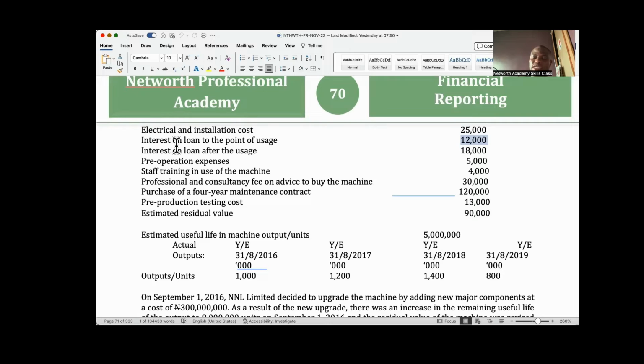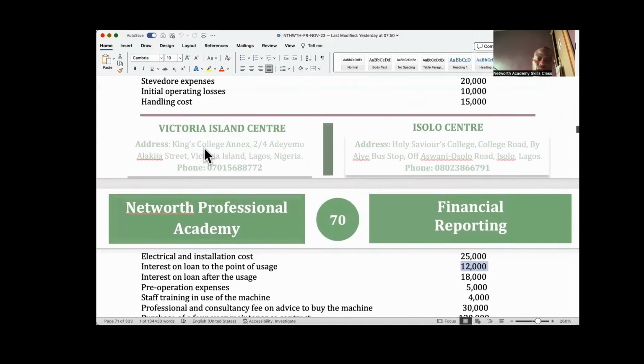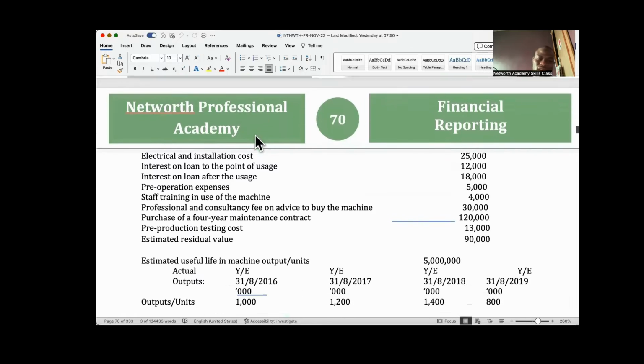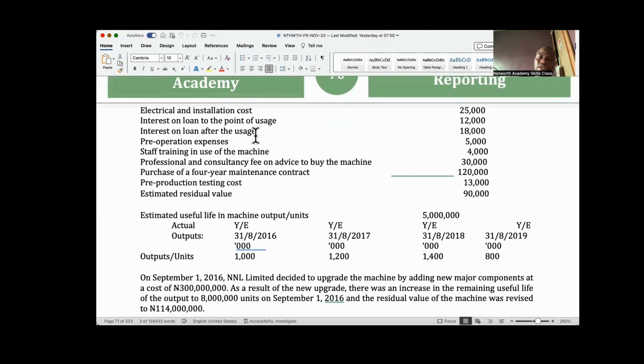But as soon as the asset is completed, any interest you are paying should be expensed. In this case, we didn't construct the asset ourselves. We bought a brand new machine. So the machine is already ready. We borrowed money to buy it. So it's not like we constructed it. So any interest we are paying on the loan should be expensed. To the point of usage expensed, after usage expensed, we're expensing all of this.